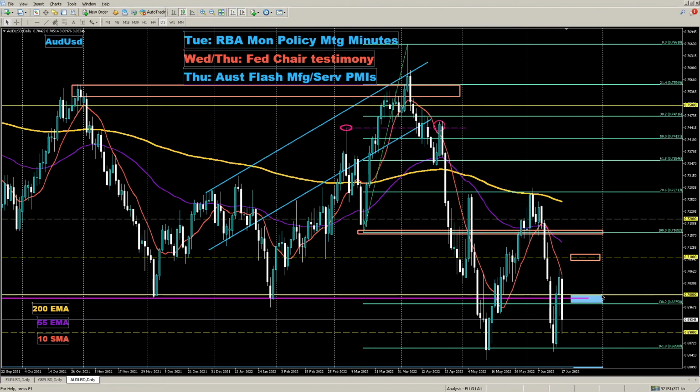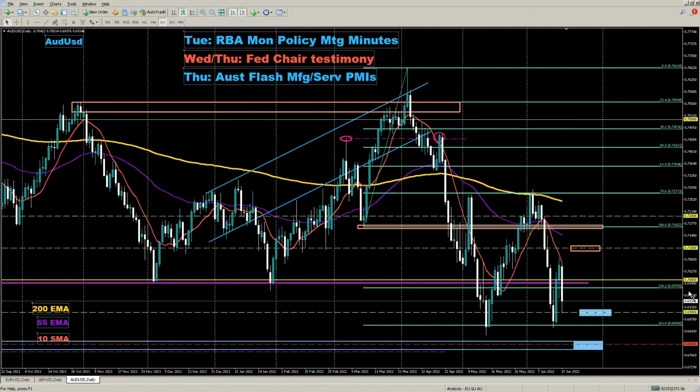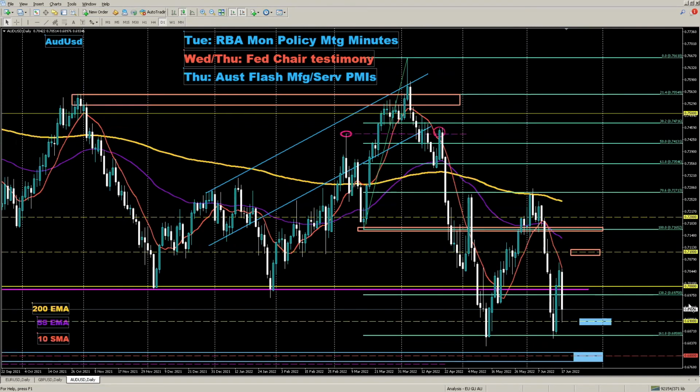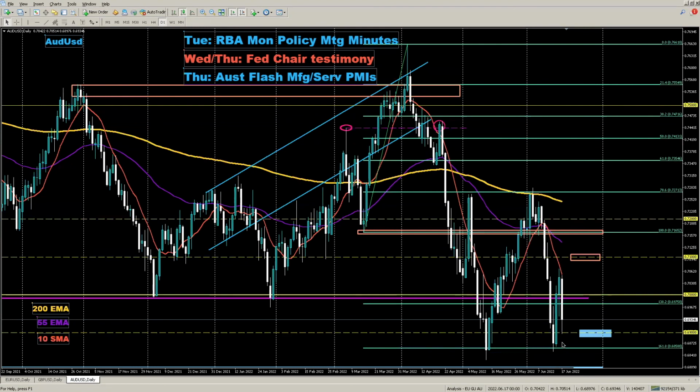So we could move this support into 69 now. There is still a key support below that, a key one at 68. It's got to drop below the 162 fib extension, but at the moment it's holding as a key support.